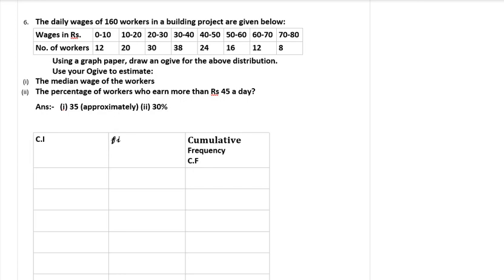This is the typical question which is written over here. This question will be asked to you in your paper, in your exam. So it's very important that you attempt it, and when you attempt it, you should get the correct answer. For that, you should know the proper method, and for that, you must practice a lot, right? If you have practiced properly, then drawing an ogive is not a big deal, I think.